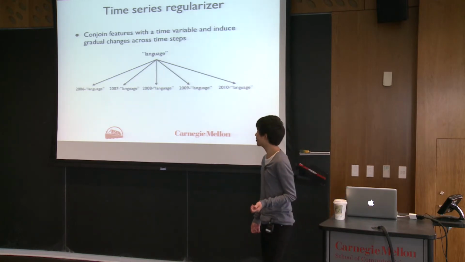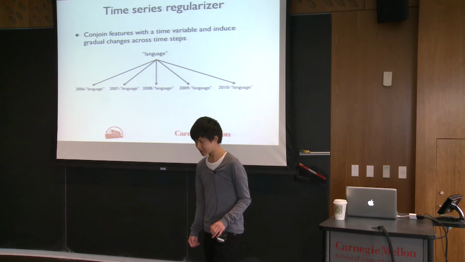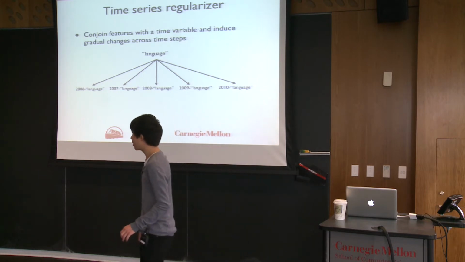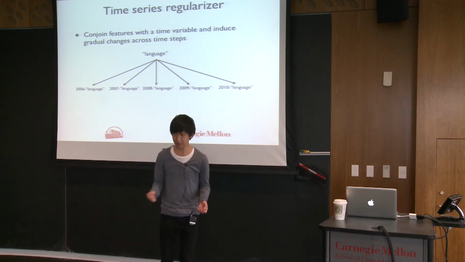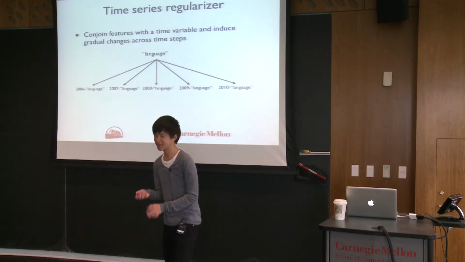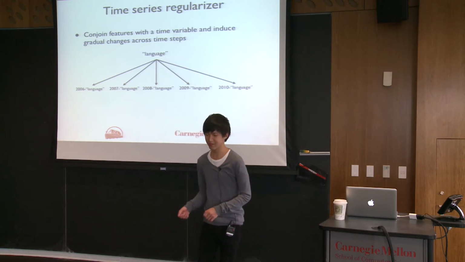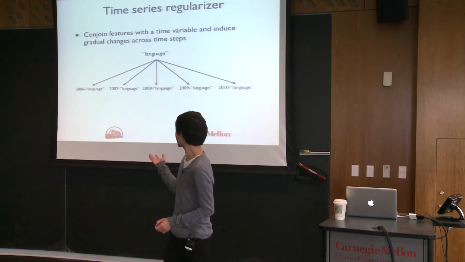Here's our first time series regularizer. The way it works is that for every feature in our data set, we make copies. First we need to divide the data into discrete time steps. For example, here we have yearly time steps for 5 years.